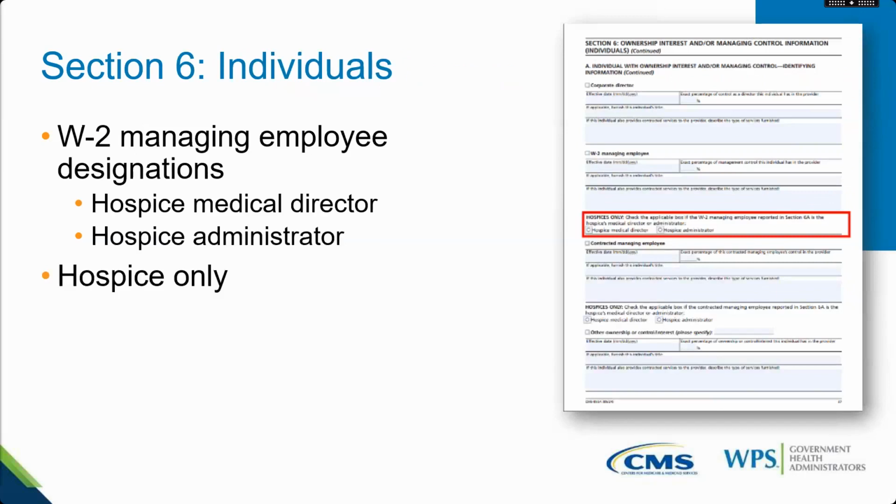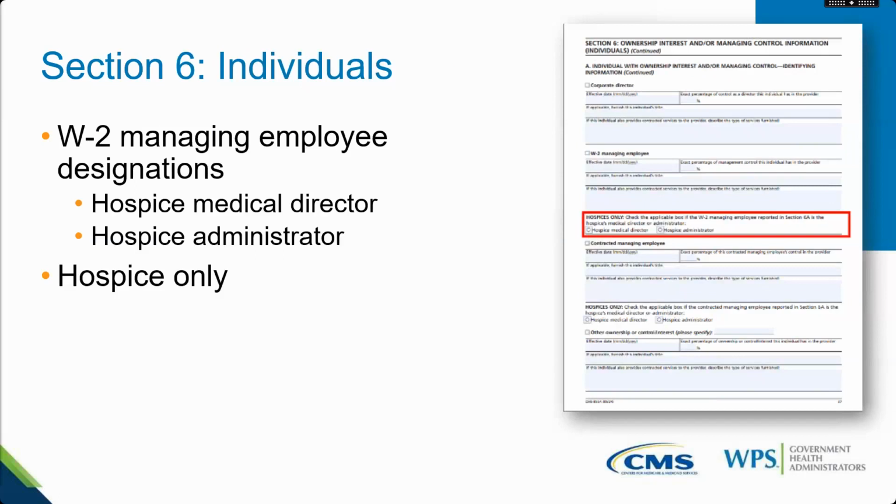The last section that they updated before we get to the SNF disclosure attachment is section 6, ownership and managing control for individuals. Here we have added a section to be completed by hospice providers, again only when completing the W-2 or contracted managing employee roles.